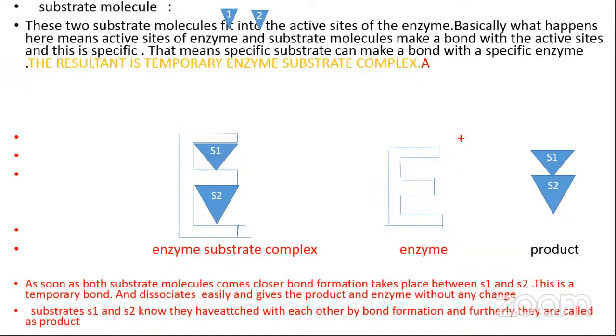According to that specificity, these substrate molecules come and fit in the active site of the enzyme, and they make a bond with the active site. And this is very specific.